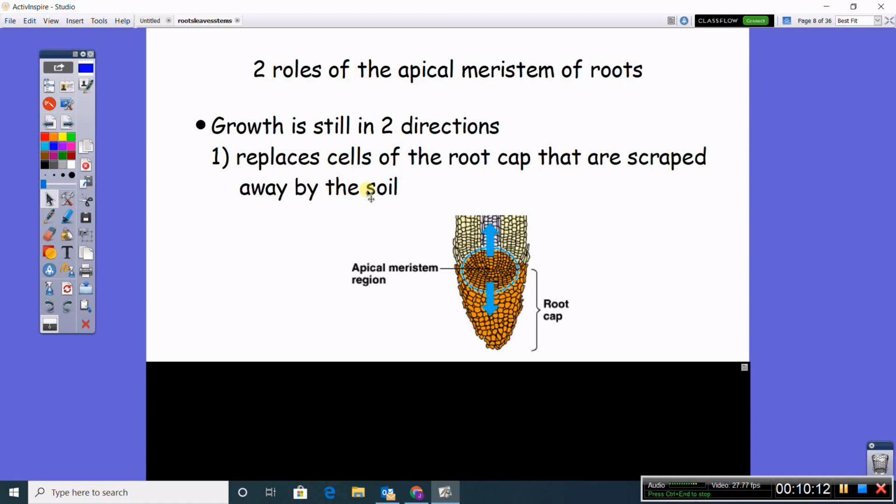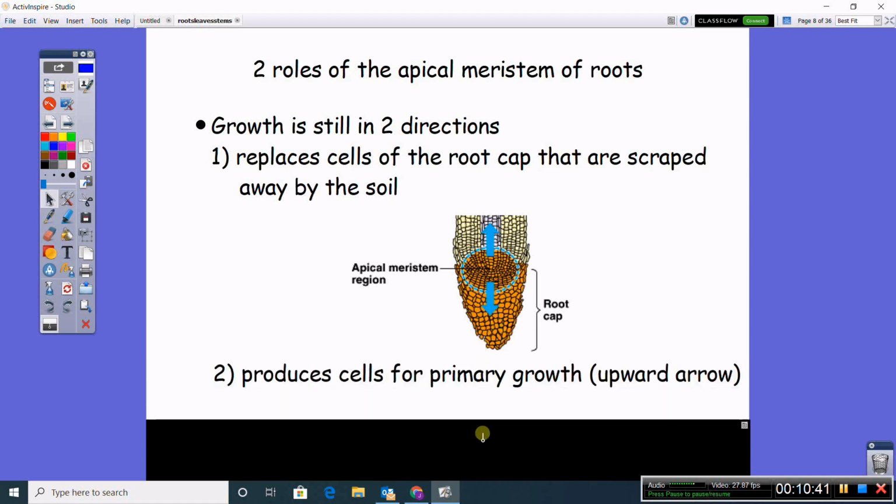If you brush some of those cells off, there are cells ready to replace that right away. So these cells of the root cap, as they push through the soil, some of these cells may come off, but then these actively dividing cells of the apical meristem are there to divide and replace those cells. So these cells can slough off just like our top layers of our skin can, but then you have cells behind it that are ready to replace them.